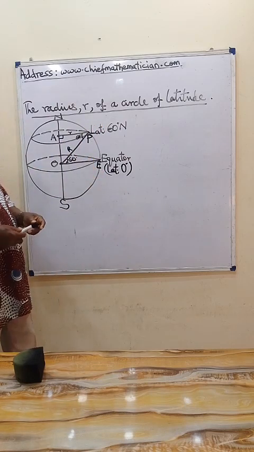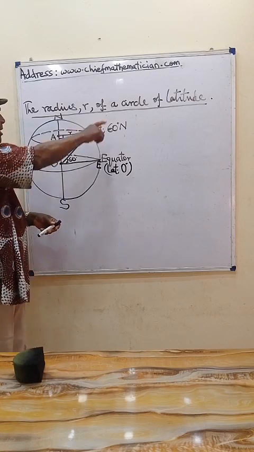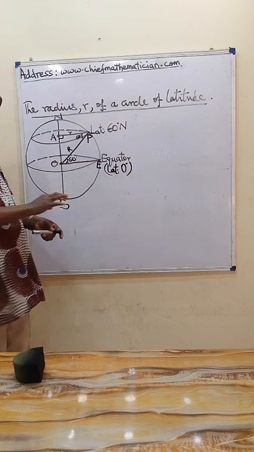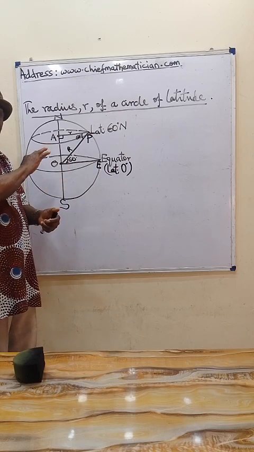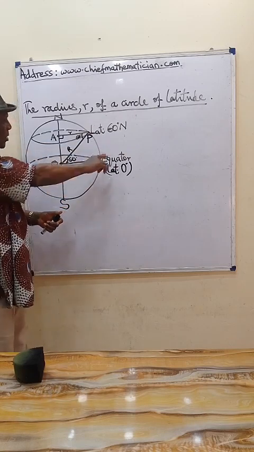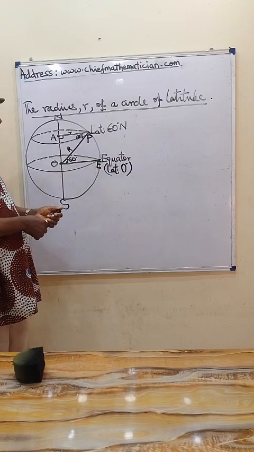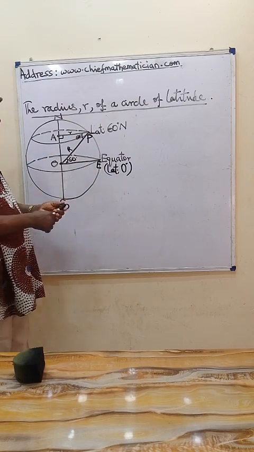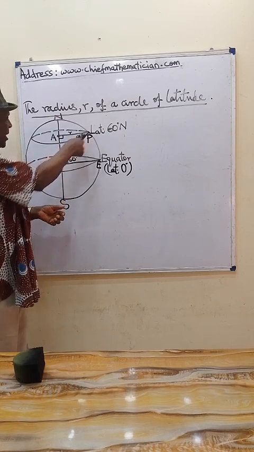Now, observe that because AP is parallel to OE, we have already said that these are parallels of latitude. AP is parallel to OE.